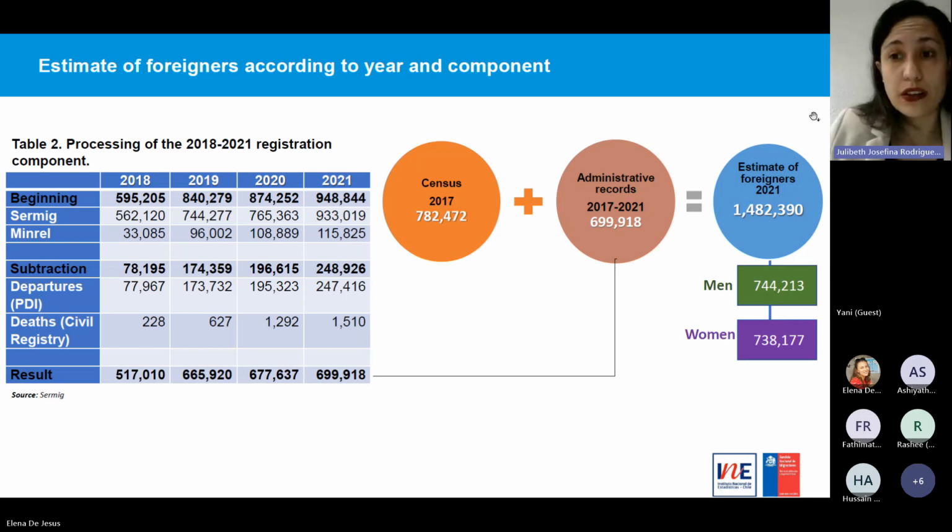For 2022, we're expecting this percentage to increase. In 2021, there were at least a total of 1.5 million foreigners residing in Chile, representing about 7% of the total resident population. Next, please.